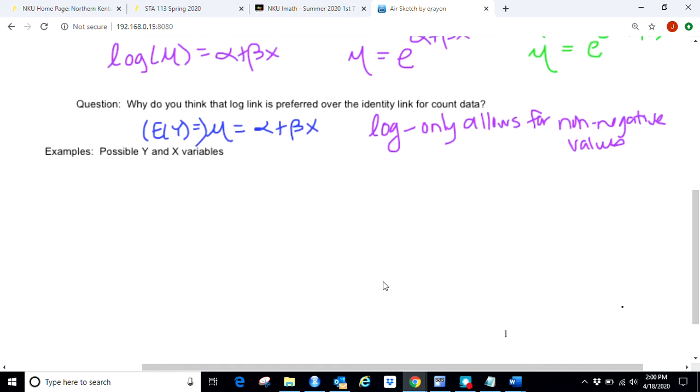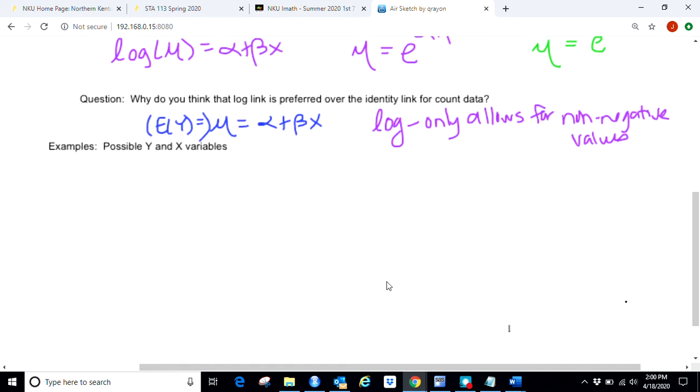So let's talk through a couple of ideas of when x and y might be working with this Poisson regression. Let's suppose that y is the number of credit cards that someone has, and maybe a possible x value I would use to predict that might be someone's income.